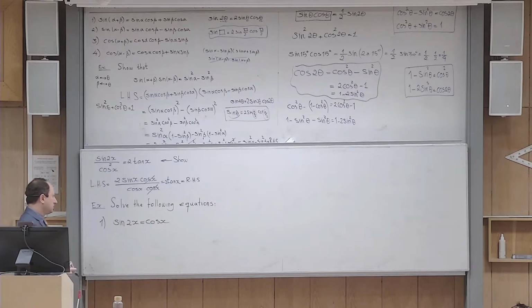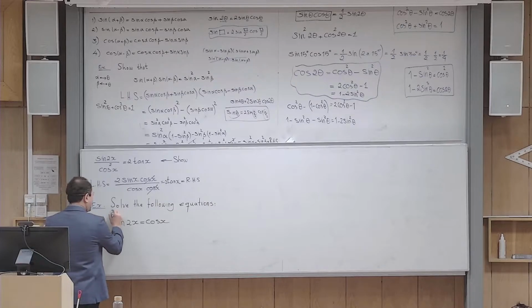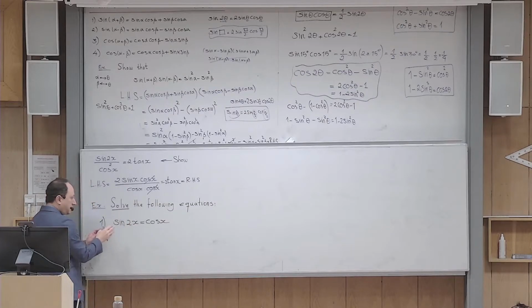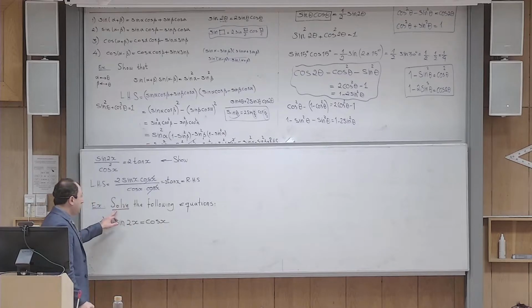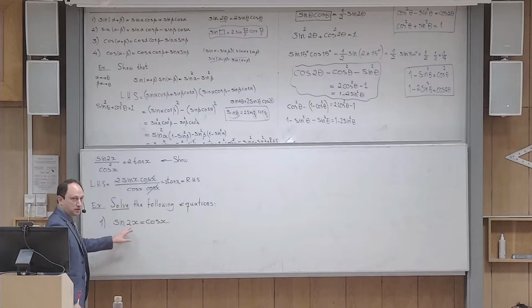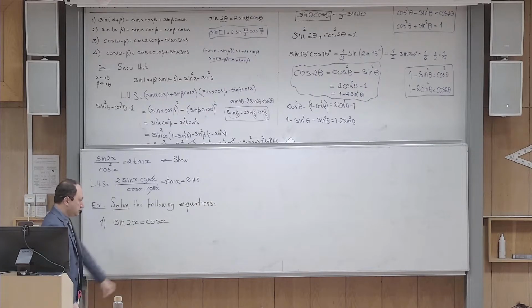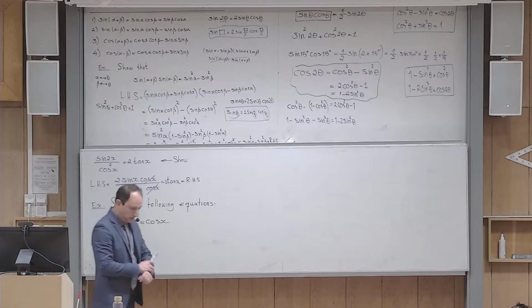I'm emphasizing the word solve. So it is not the case that I start from one side, do simplifications, and reach the other side. It is probably not possible in this case. But you want to find the suitable values for x so that for those values, the left-hand side is equal to the right-hand side. And you are supposed to find all of them, not just part of them.